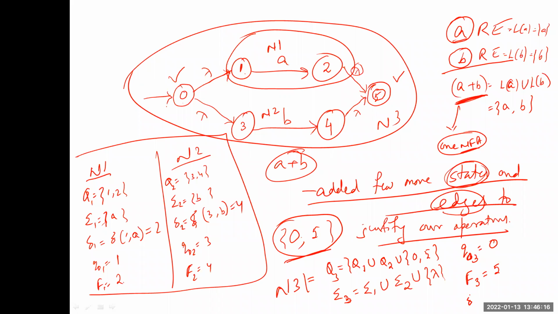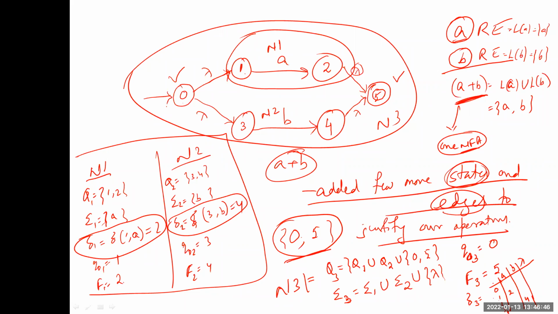We have just introduced them and defined them this way. Then what is delta 3? Delta 3 is going to be a table of 6 rows because there are 6 states, 0, 1, 2, 3, 4, 5, and the inputs are going to be A, B, lambda. Will there be any changes to the existing transitions? No, sir. So the same transitions remain: 1 on A is 2, 3 on B is 4.